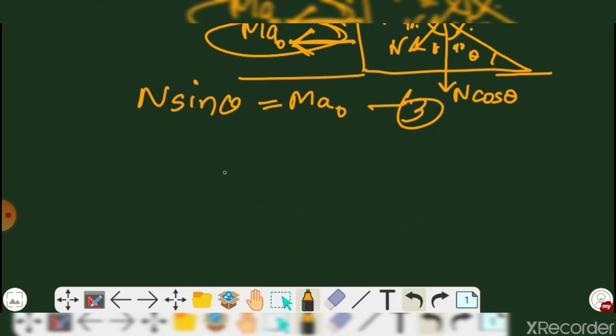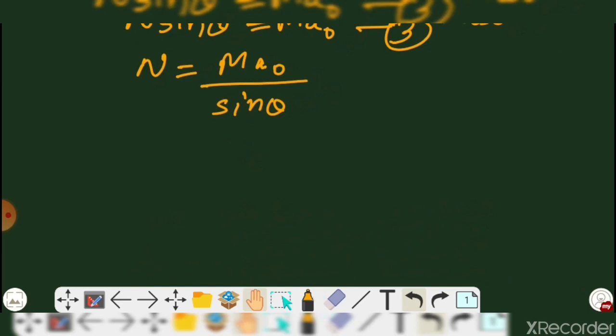So now the value of N is equal to ma0 upon sin theta. We will put this value of N into the first equation.